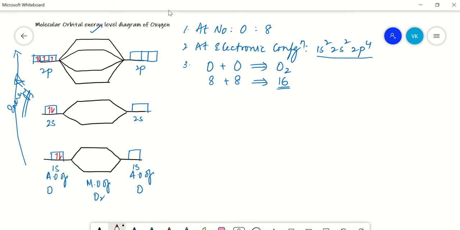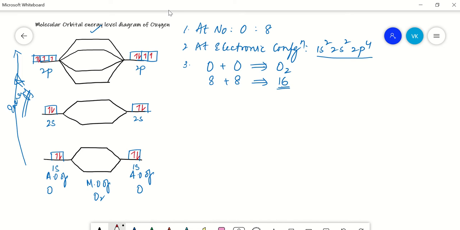Now filling up of these electrons in the molecular orbital energy level diagram also follows Hund's rule, Aufbau principle and Pauli's exclusion principle. Pairing up of electrons takes place only after it is half filled, right? Even on this side we are going to fill up the electrons, 1s2, 2s2, 2p4. The fourth electron will be paired up with the first electron.